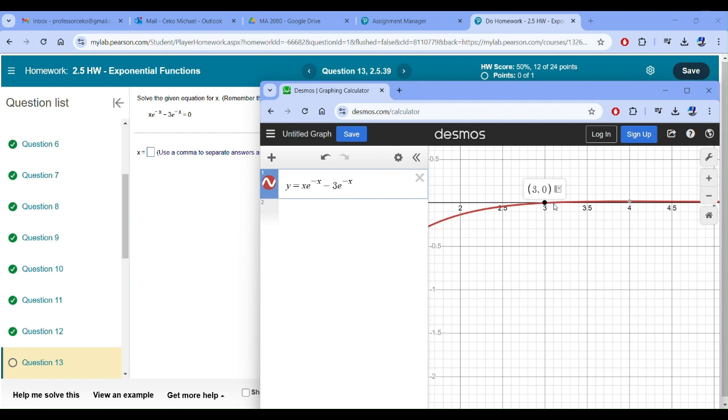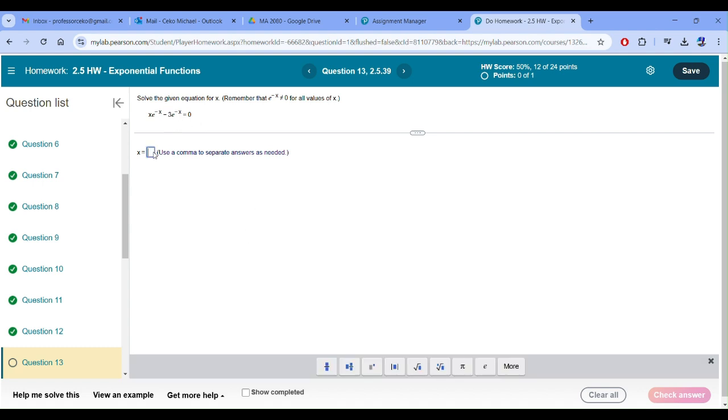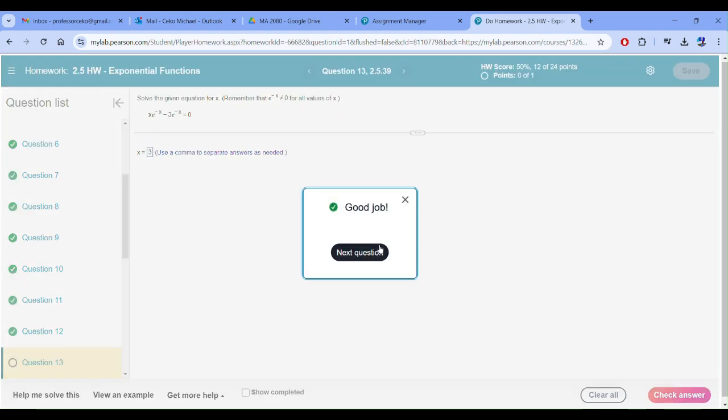What are these locations? 1, 3. Is it that simple? It is.